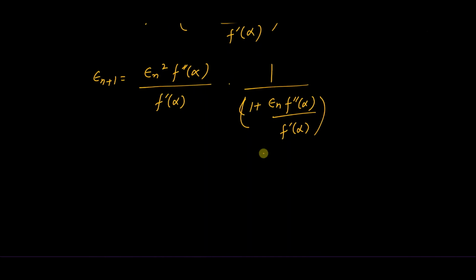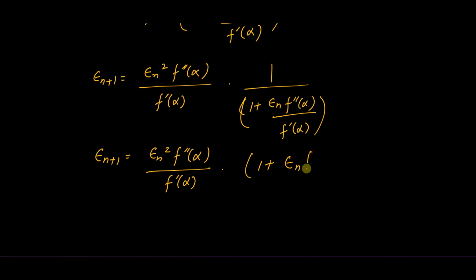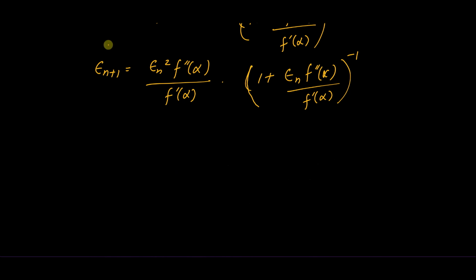Now we shift this denominator to the numerator side and we will have epsilon n square f double prime of alpha over f prime of alpha, times 1 plus epsilon n f double prime alpha over f prime of alpha to the power negative 1. Now we need to apply the binomial theorem.